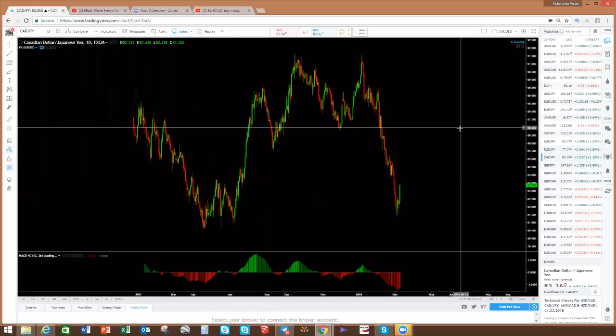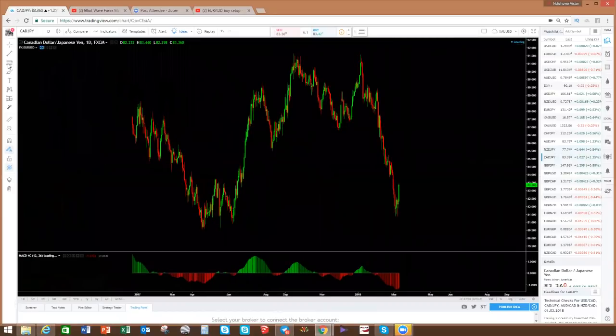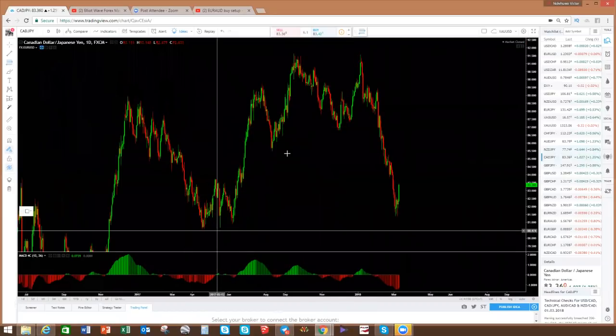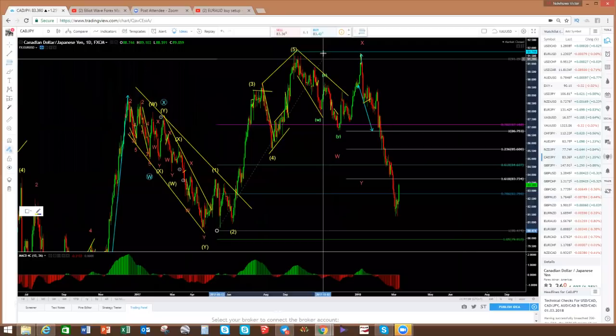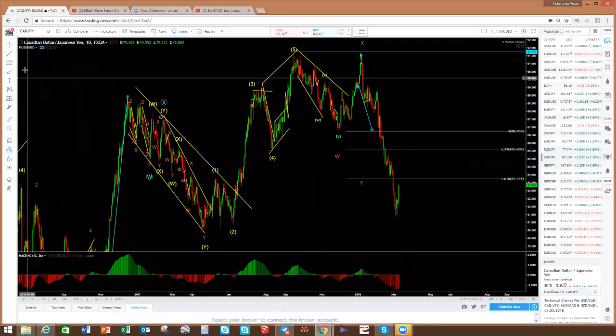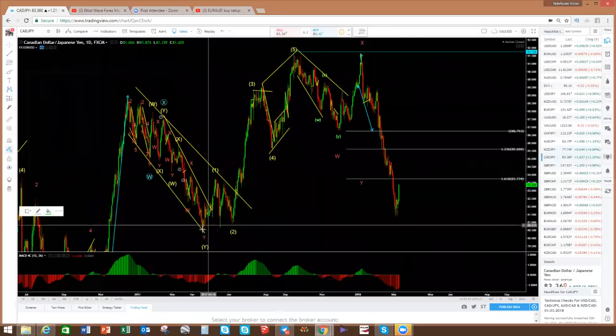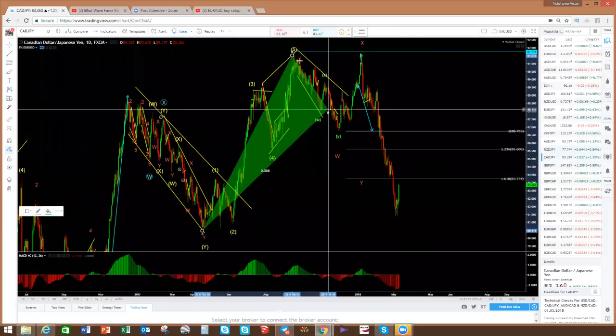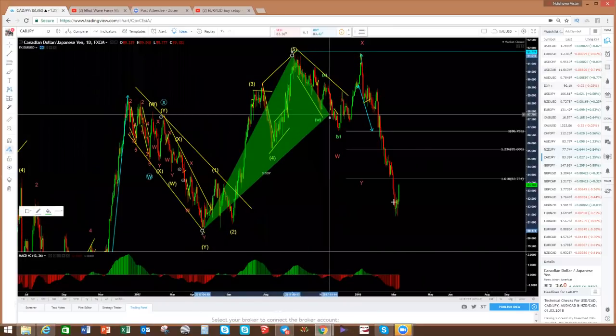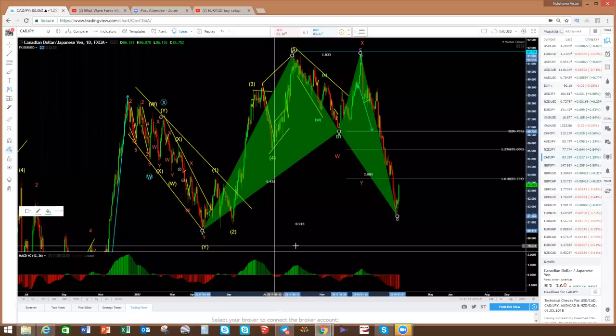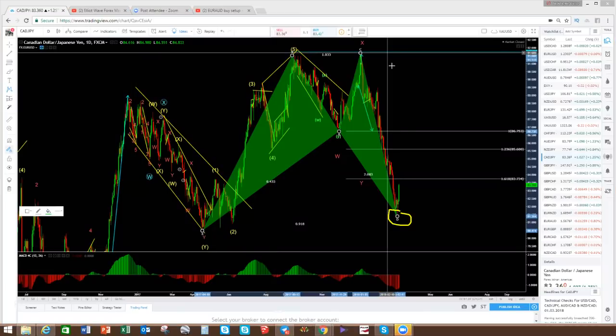So CADJPY, I'm not sure if I showed you this advanced pattern. You can see that we've got a bet there. As you can see, got a bet and then it reversed right on the 88.6. I think my 88.6 is switched off.